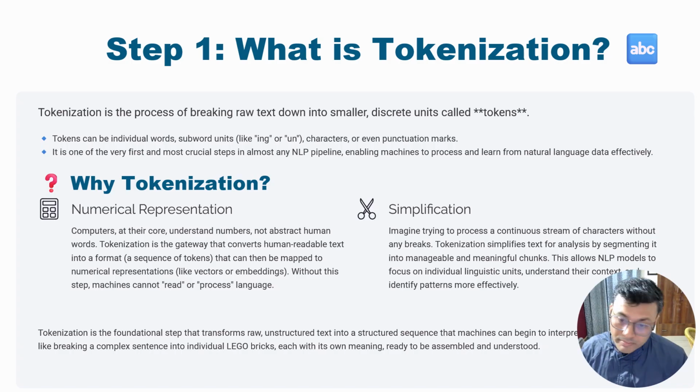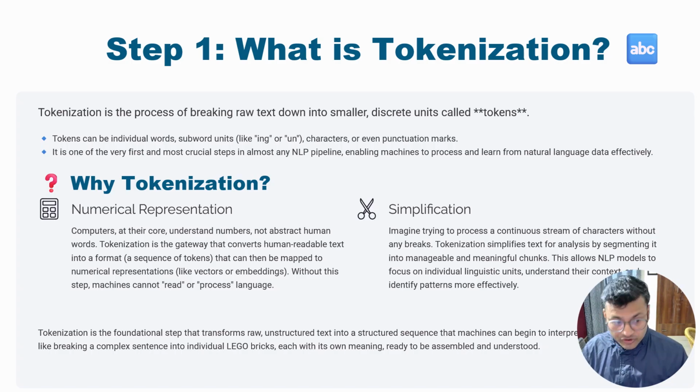Second is simplification. What that means is, imagine trying to process a continuous stream of characters without any breaks. Tokenization simplifies text for analysis by segmenting it into manageable and meaningful chunks.